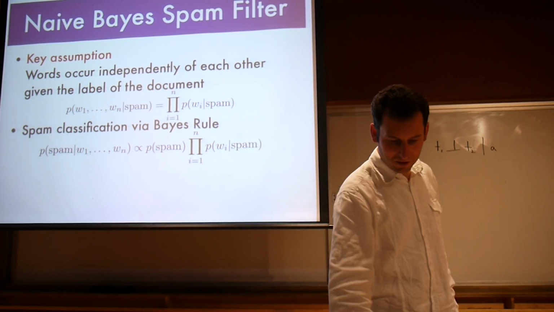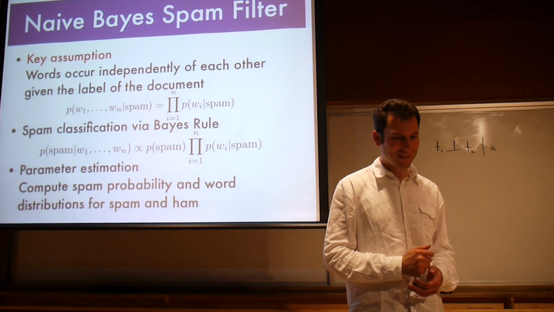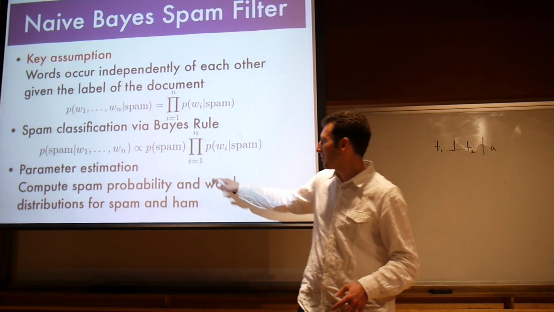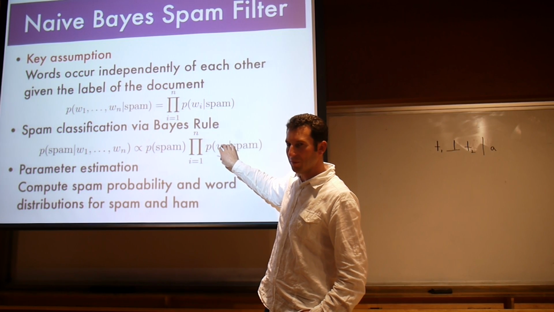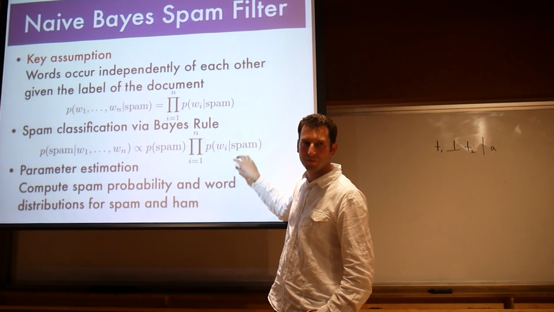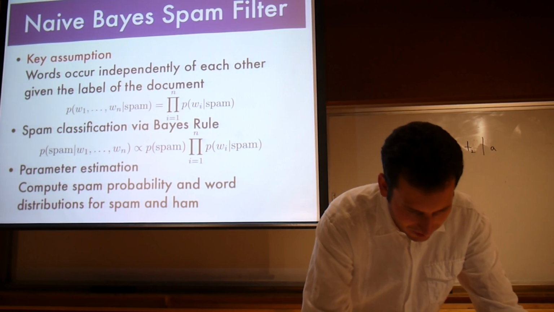And so what do I need to do? Parameter estimation in that is actually very easy. I just go and compute the spam probability. So I go and compute P of spam here. And then for each word, I compute its distribution conditioned on spam or not spam. So here are a few examples, of course.